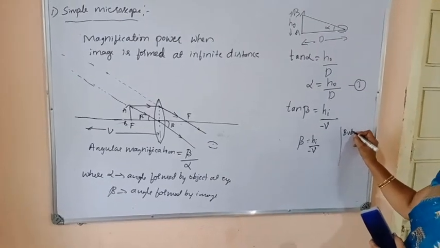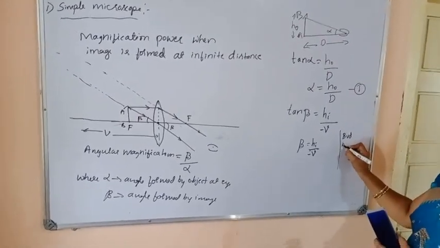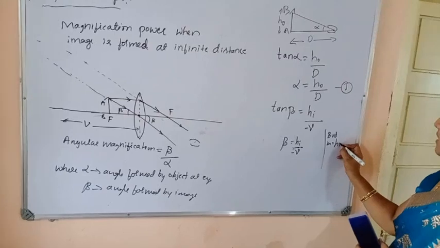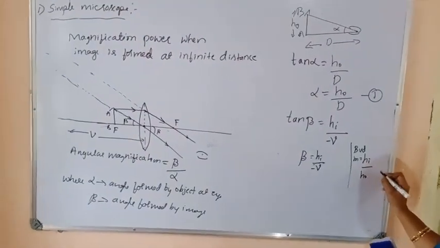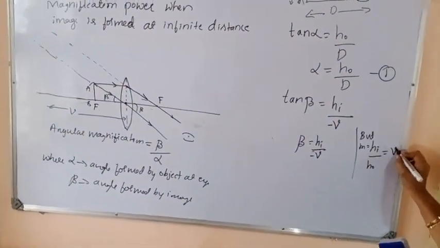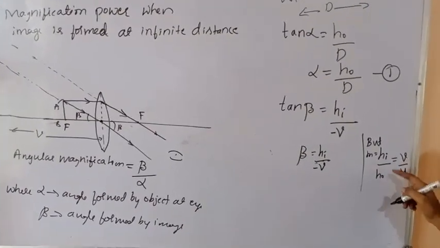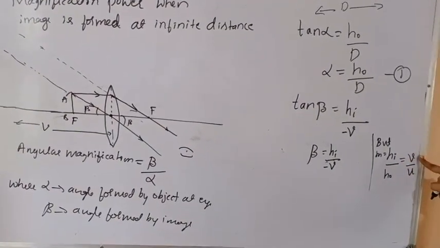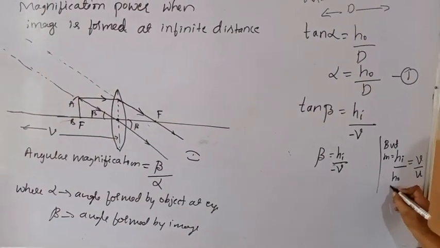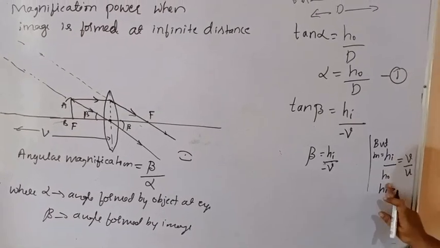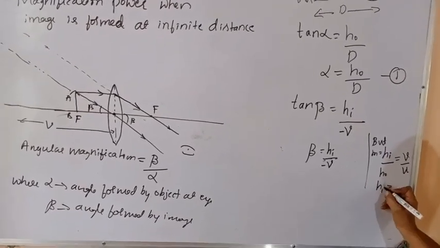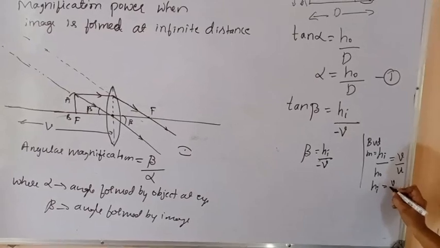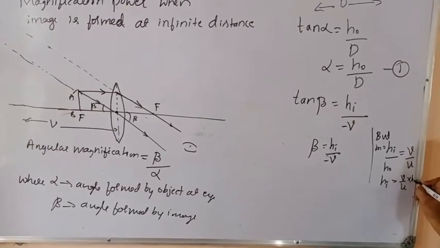But we know that magnification is equal to height of image to the height of object, that will be equal to image distance by object distance, that is HI by HO is equal to V by U. Therefore, HI is equal to V by U into H naught.